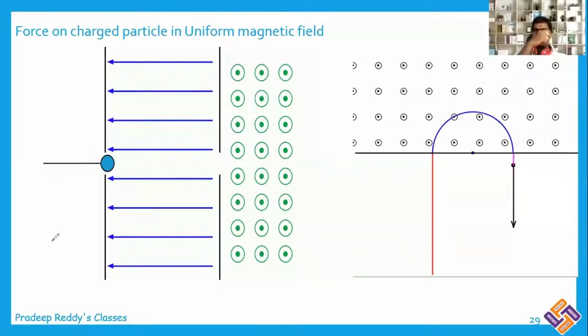It is taking a turn. By that, you can clearly understand a magnetic field will produce turning effect on the charged particle when it enters into magnetic field.